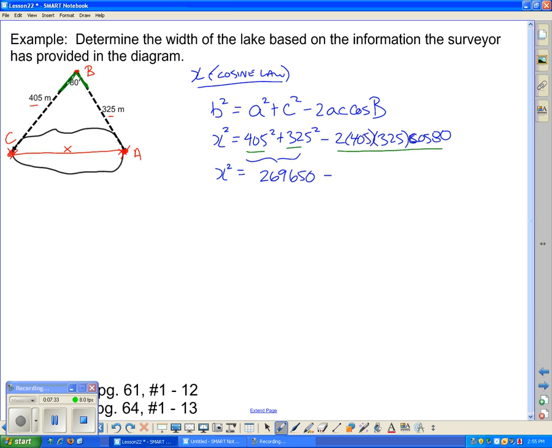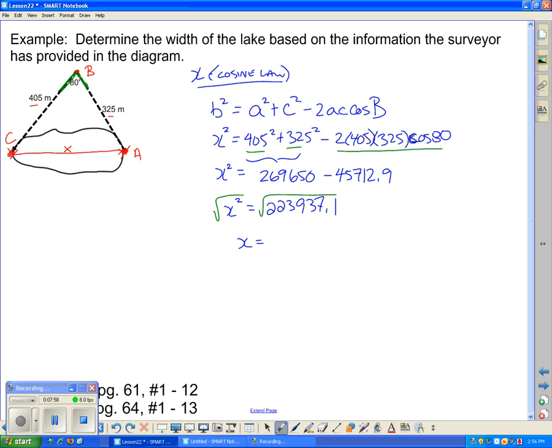80 cos, and I get roughly 45712.9. That's negative. So x squared equals 2239371. Don't forget, last step, this is what a lot of people forget, is that square root.